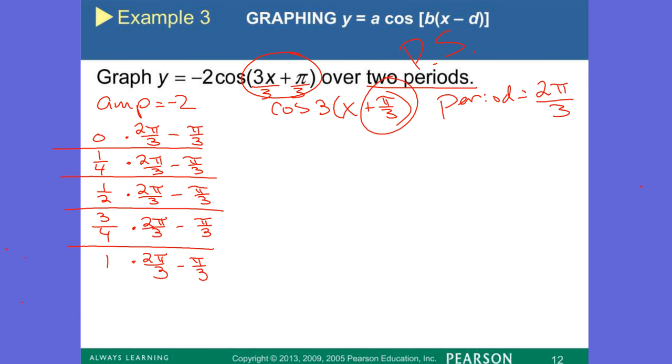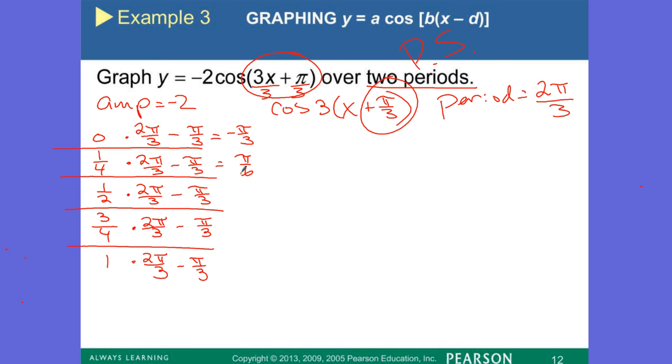All right, so right here, let's do my math. So 0 times 2 pi over 3 is 0, minus pi over 3? Negative pi over 3. Now for this, 1/4 times 2 pi over 3 is pi over 6. 2 on top over 12 on bottom, so 2 over 12 gives me 1 over 6.